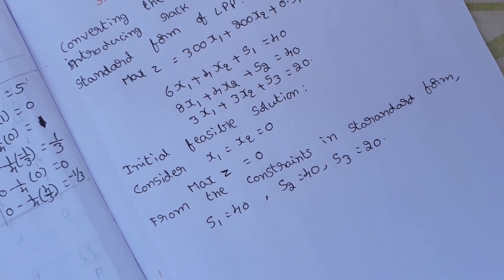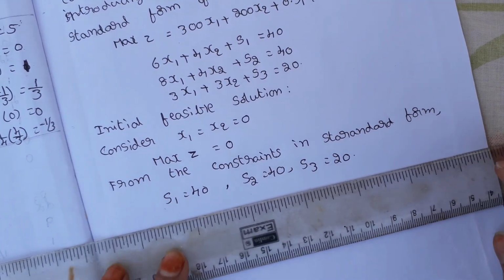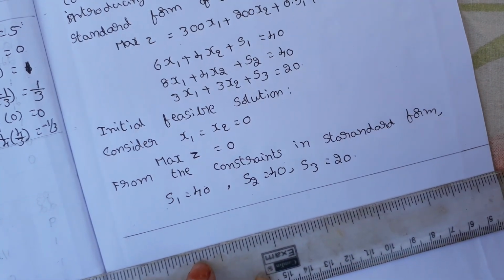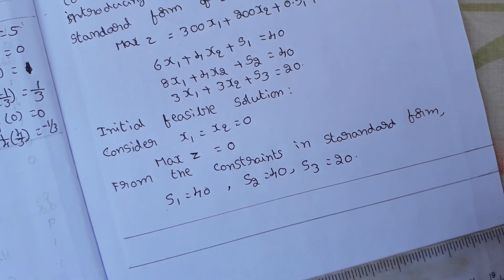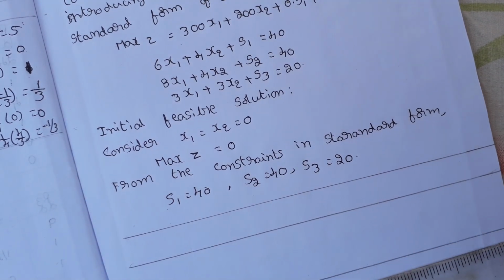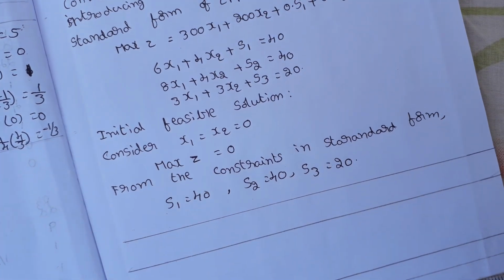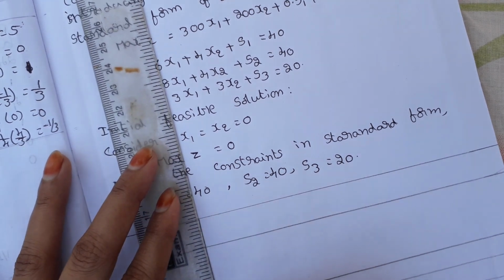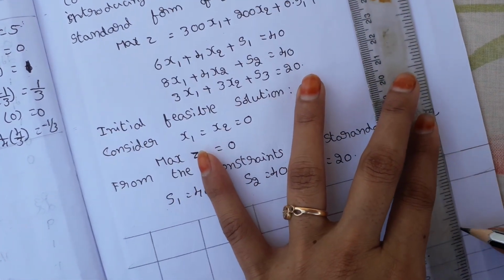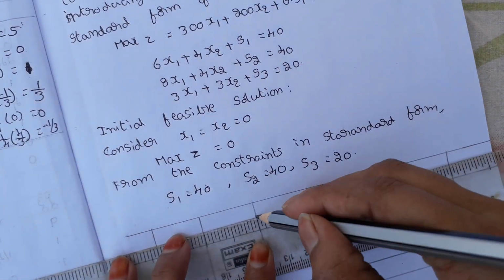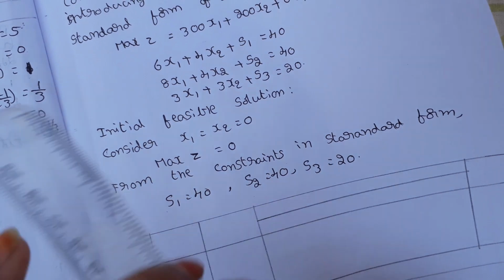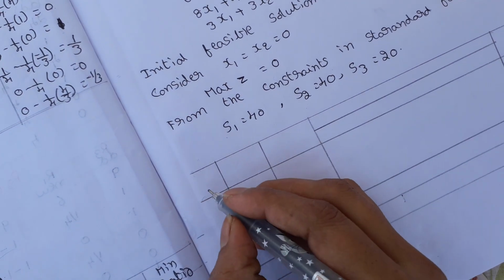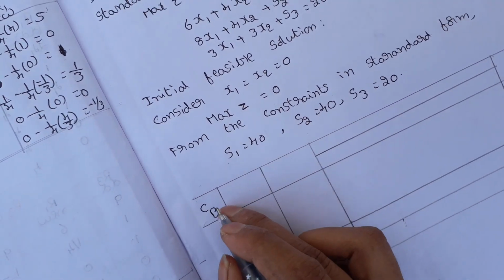Now we will represent this data in a simplex table. Here, the first column is the coefficient of basis, that is CB.